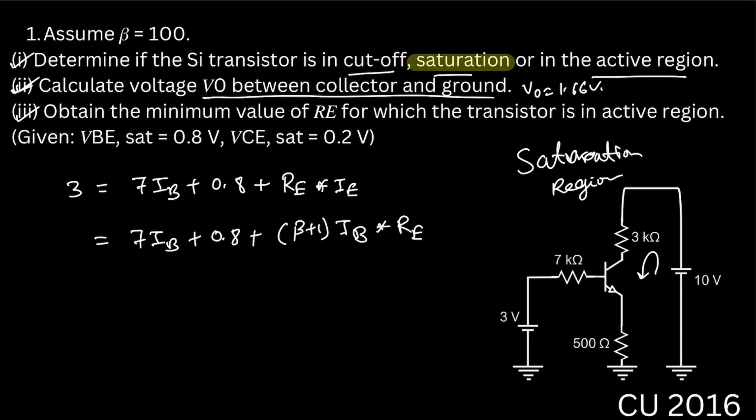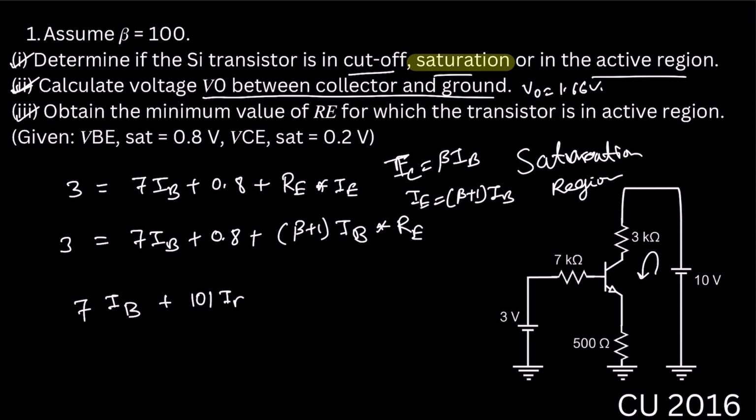Why (beta plus 1) into IB? As we can write down IC equal to beta into IB, so IE equal to (beta plus 1) into IB. Okay, so this will be 7 IB plus 101 IB into RE equal to 2.3. So this will be equation 1.